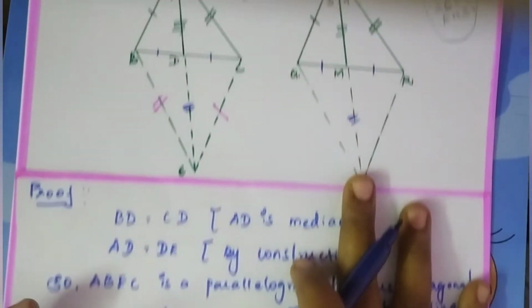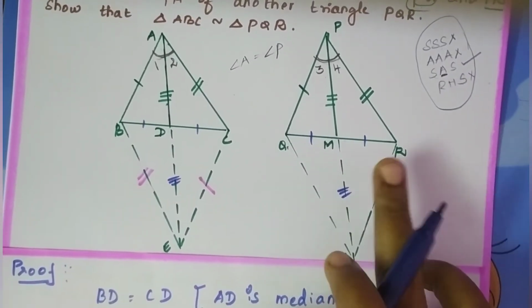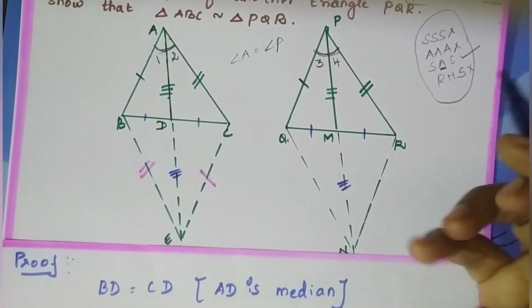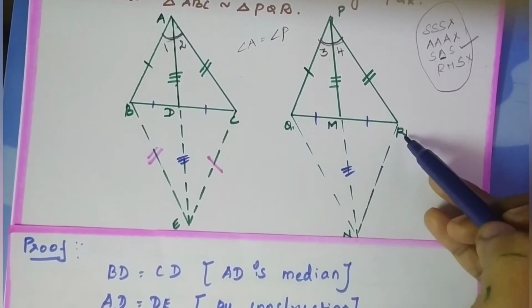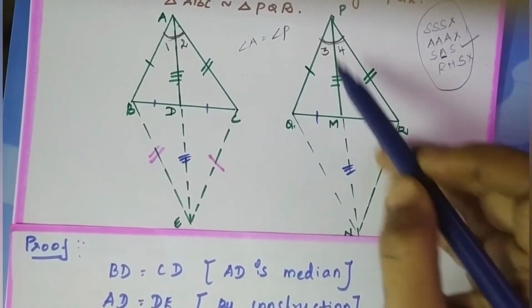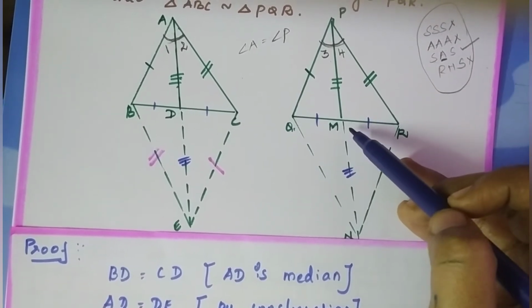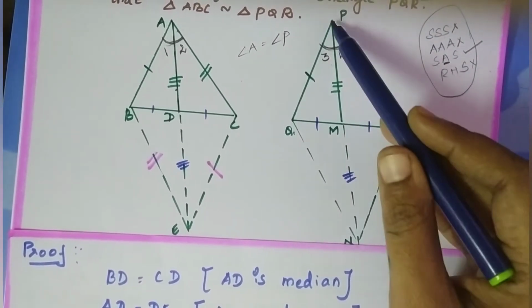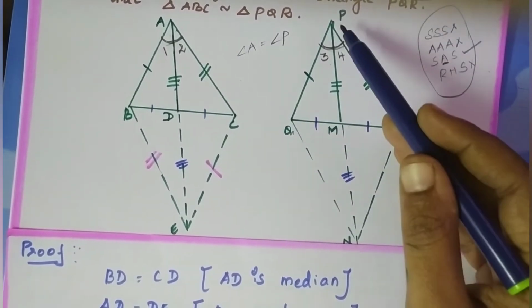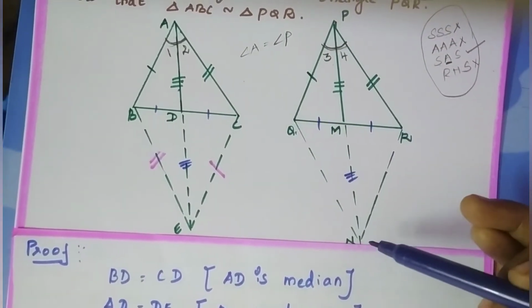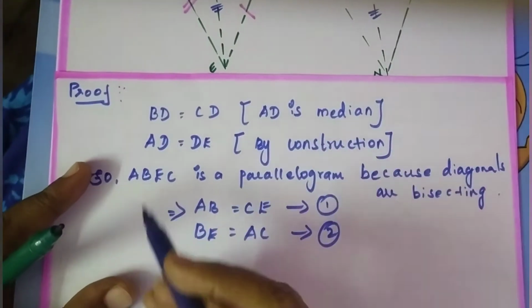Similarly, I can take for this triangle also. QM is equal to MR because PM is a median, and PM is equal to MN by the construction. So I can tell that PQNR is a parallelogram.